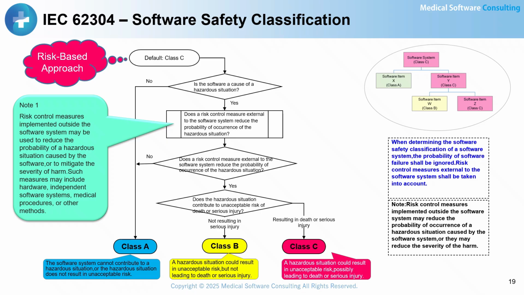Therefore, it assumes the probability of occurrence to be 1. In other words, because software failures are systematic in nature, the probability of occurrence is not considered. Instead, the focus is placed solely on the severity of the harm if a failure occurs, along with the process approach and appropriate risk control measures.